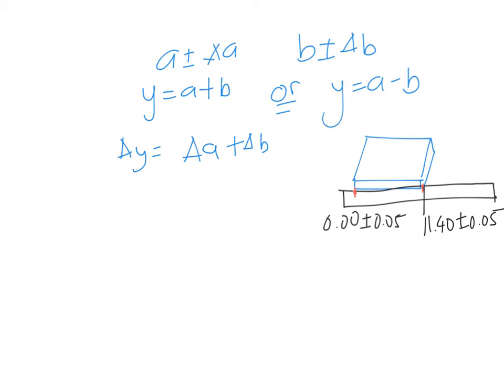So what is the length of the book? You would have to take this value and subtract this value. So when you subtract, you will end up with 11.4, and the uncertainty has to be added up, so it's plus minus 0.1 centimeters, which is why usually the distance that you measure using a ruler or meter rule has an uncertainty of plus minus 0.1 centimeters.